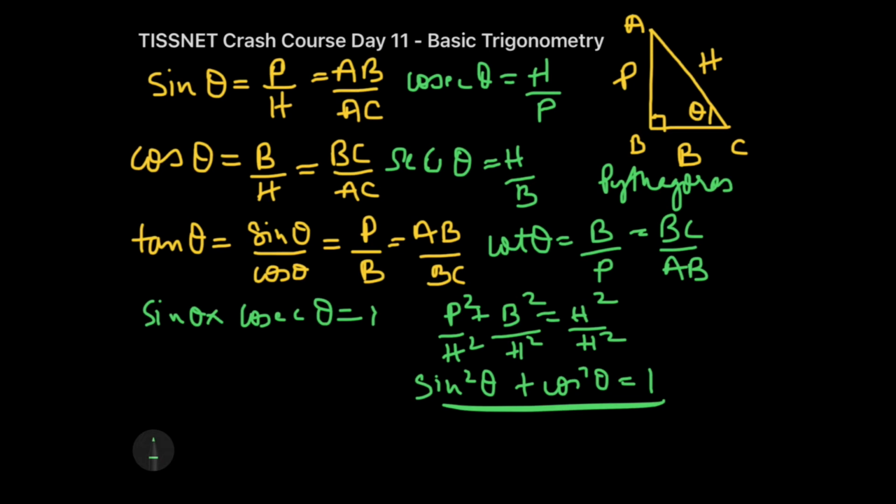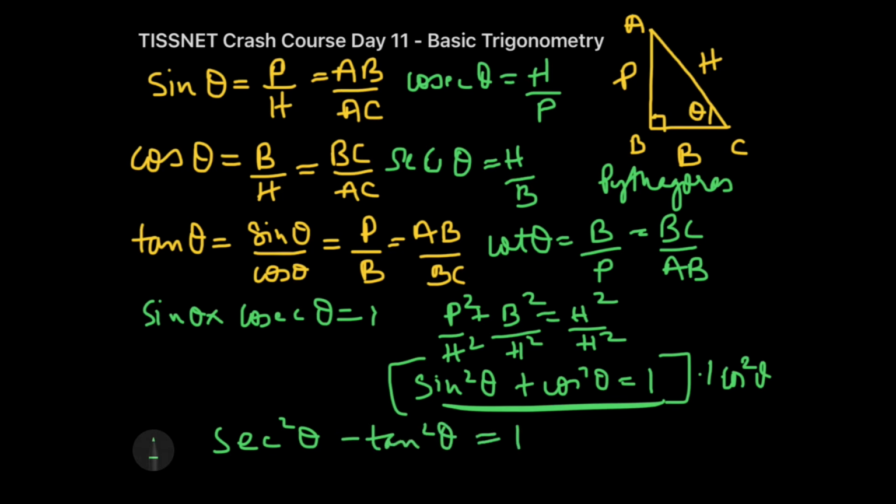Now if you have this formula, and in this formula I ask you to divide everything by cos theta, or cos square theta to be specific, then I will get a formula which will say sec square theta, please pay attention to this, sec square theta minus tan square theta is equal to 1 if I divide all of this by cos square theta.